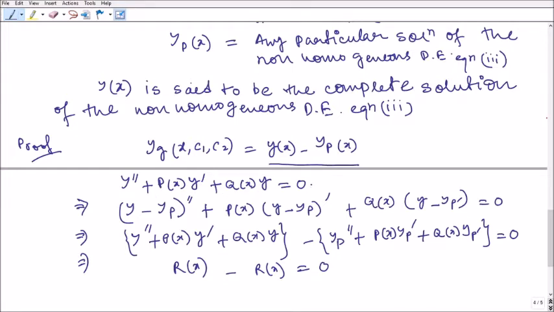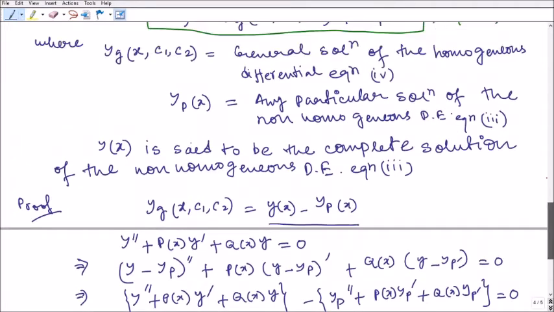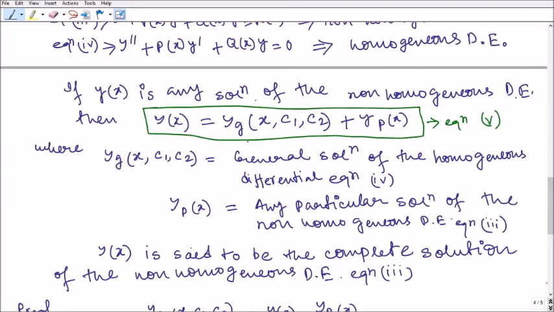So we can say that y of x minus yp of x is the general solution of this homogeneous differential equation. And we know that yg is the general solution of this differential equation, then yg is equal to y of x minus yp of x. So from this equation we can write that y of x equals yg plus yp.